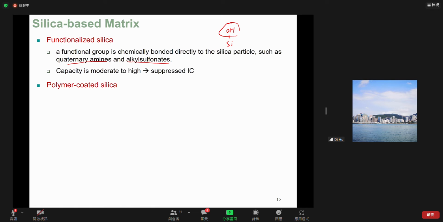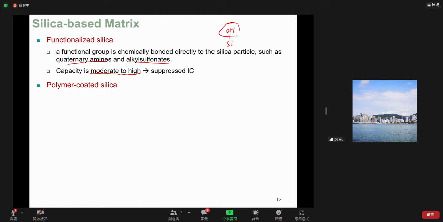Because there are many silanol groups available, the amount of stationary phase that can be chemically bonded is relatively large. So the capacity, because the more available stationary phase, the more sample it can handle, right? Therefore the capacity is moderate to high.